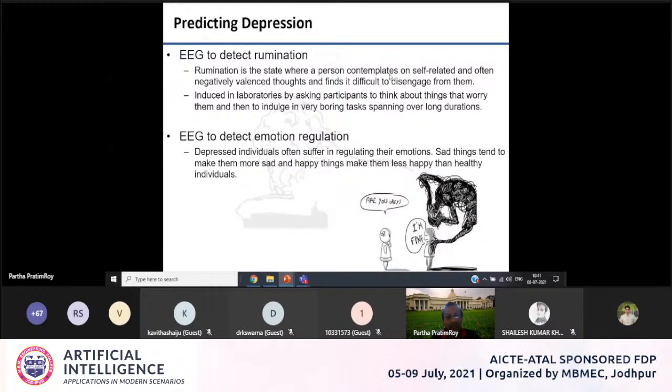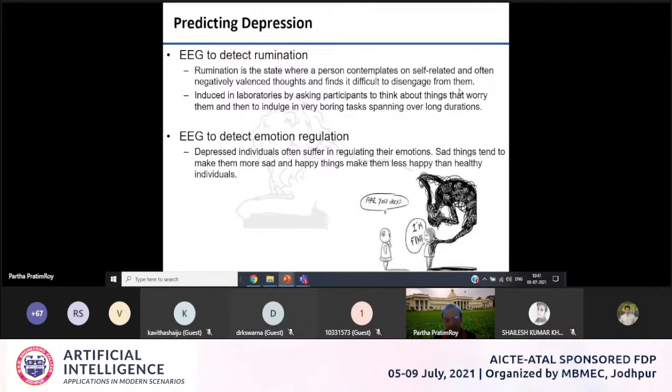We can also make some depression predictions. We have several projects, one project on depression predictions. If someone is having depression, we want to detect the ruminations. Rumination is the state where a person contemplates self-related and often negative thoughts and finds it difficult to disengage from them.